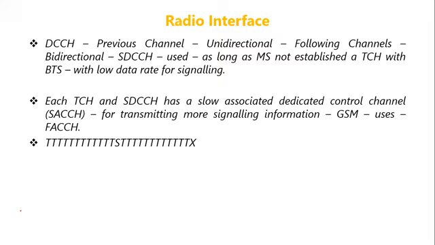So the point is, every TCH and SDCCH has a slow associated dedicated control channel used for exchanging system information such as channel quality and signal power. If more signaling information has to be transmitted and a TCH already exists, then GSM will use FACCH, the fast associated dedicated control channel.